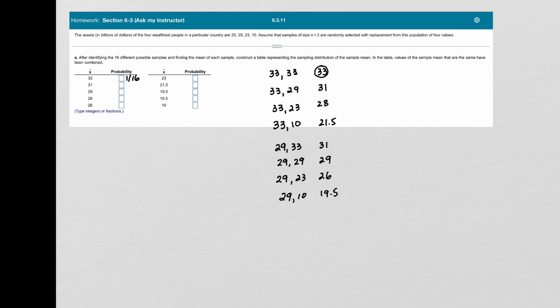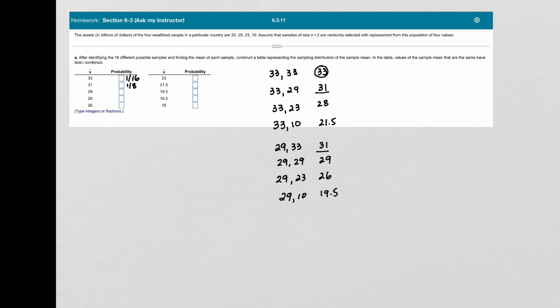And then 31 is going to come up twice because it comes from 29 and 33, and then also 33 and 29. So that's going to be 2 out of 16, which simplifies to 1 out of 8.